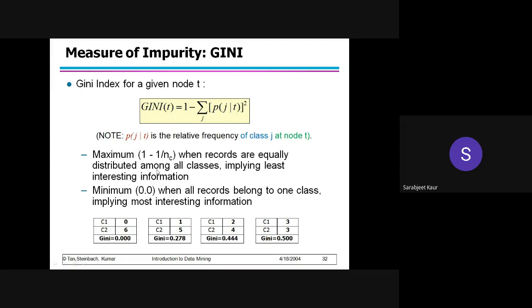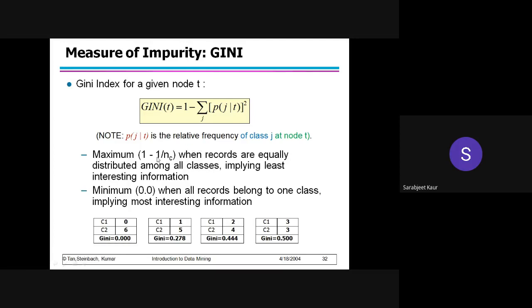So the maximum value in this case would be 1 minus 1 by NC. N is what? N is the number of classes. So suppose there were, let's say, 20 classes, then each class has at least a tuple, right?